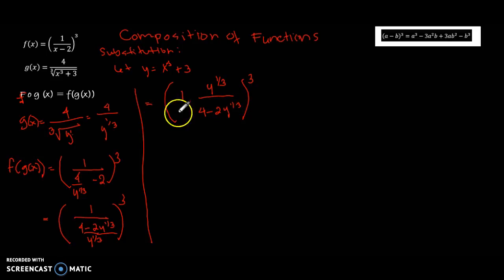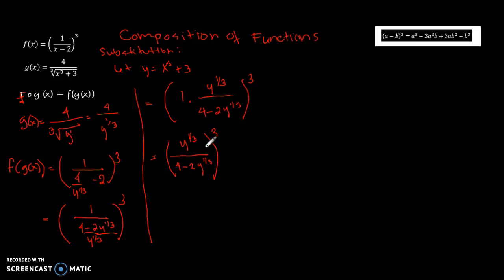All right, so 1 times that really is just this. Okay, so we will simplify that. It becomes y to the 1/3 over 4 minus 2y to the 1/3, to the power of 3.